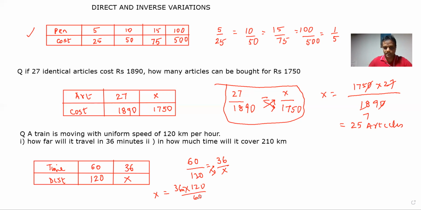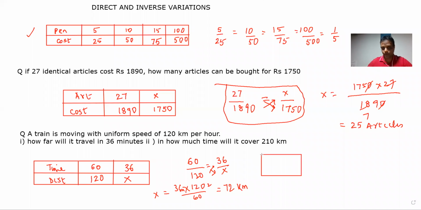And this means 6 2s are 120, and this is going to be 72. Don't forget to write the unit, which is 72 kilometers. It is as simple as that. So what is x? How far will it travel in 36 minutes? 72 kilometers.